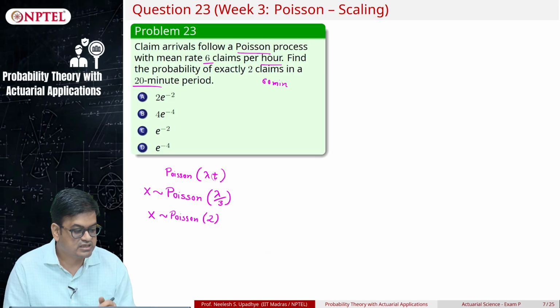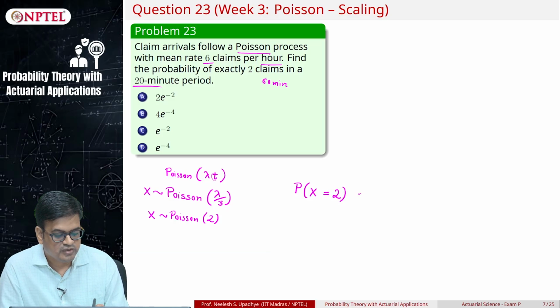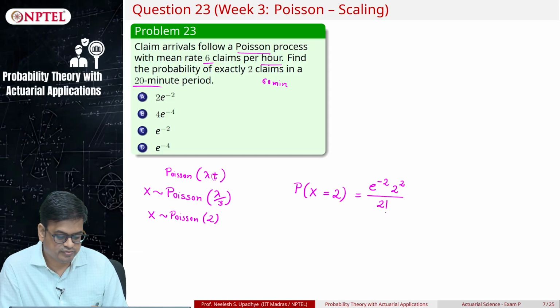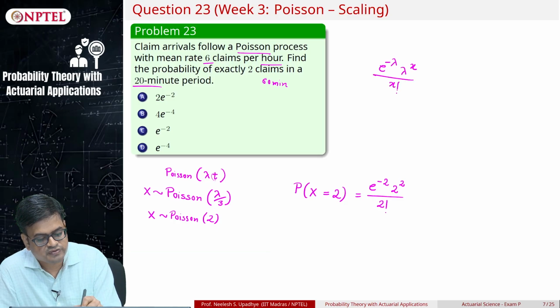Then what is asked? The probability that this random variable x is equal to 2. Do I know the answer? Yes, I know, it is e raised to minus 2 into 2 raised to 2 upon 2 factorial, right. So, remember that formula, e raised to minus lambda, lambda raised to x upon x factorial.